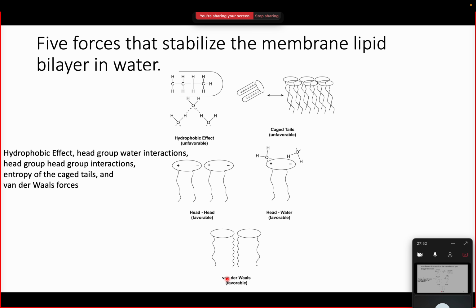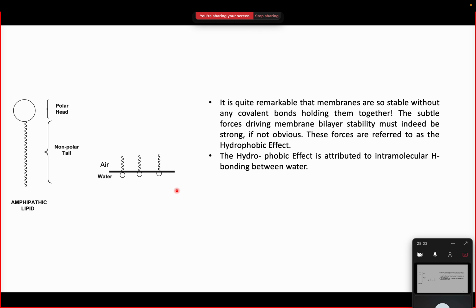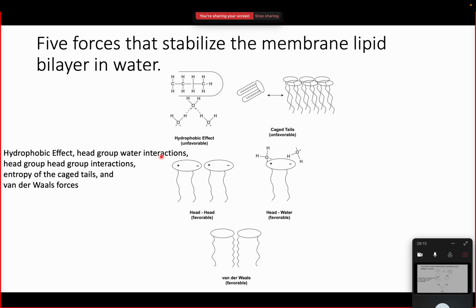Because of head water interaction, all the heads will try to stay together, leading to the formation of a stable structure where all the heads or the polar entities will face water and will be stabilized, while all the tails or the hydrocarbon chains will stay together and will be stabilized.